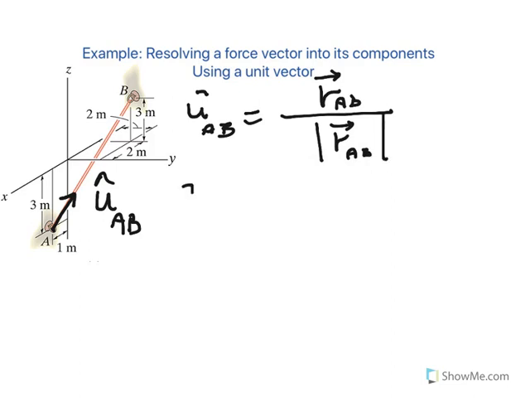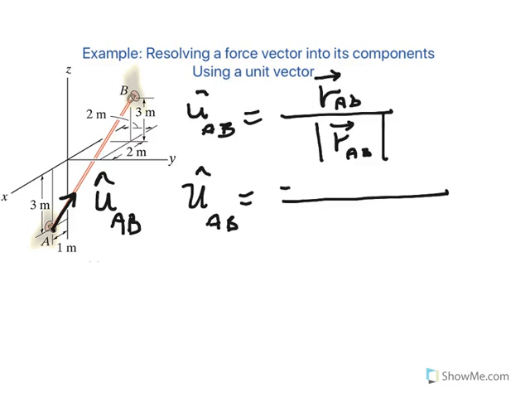You can go back and take a look at the video on the unit vector, the example of that. Remember what we did: we used the coordinates of A and B, we subtract the initial, which is point A, from final, which is point B, and then we divide it by the magnitude or the length of, or the distance from A to B.